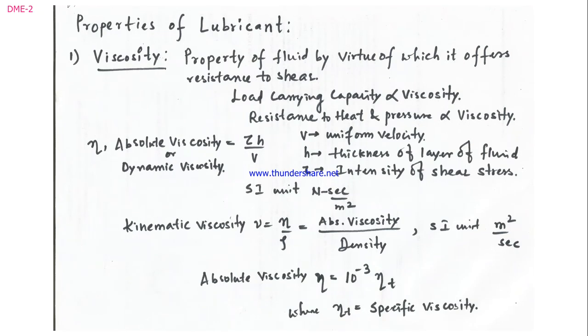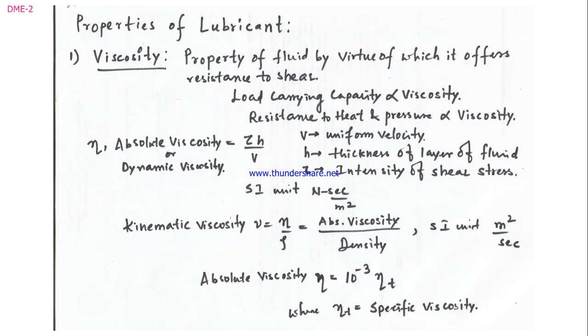Just to recall, dynamic viscosity is defined as shear stress times the height of the thickness layer of the fluid divided by uniform velocity, that is tau into h divided by v, and its standard SI unit is Newton second per meter square.